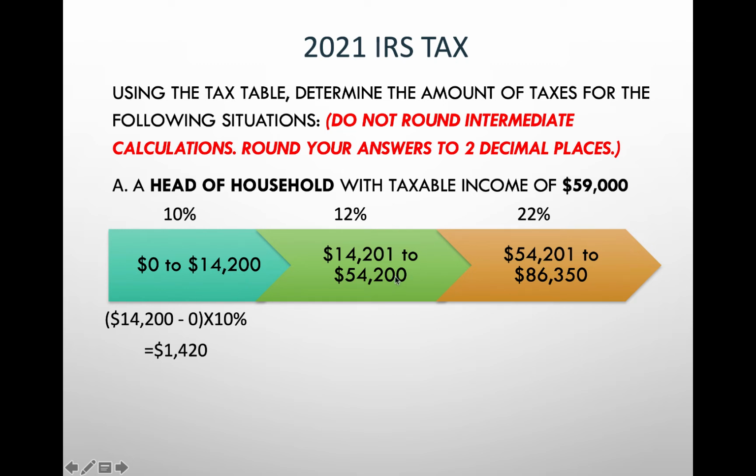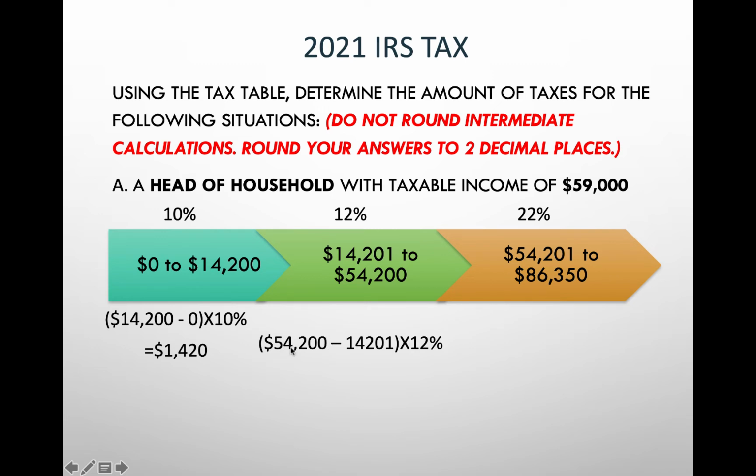I'll continue pouring my taxable income into the brackets. And in this case, $59,000 is greater than the top end of my range, so I'm going to fill up this bucket all the way as well. Same thing again, I'm going to do a little bit of subtraction and multiplication by taking my top end of the range and subtracting the bottom end of the range. So I'm seeing how much money goes into that bracket or bucket.